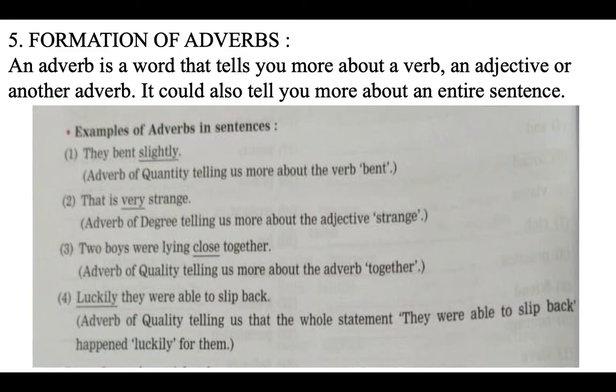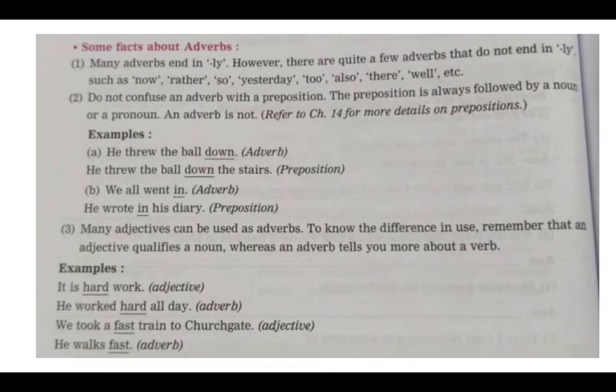Adverb of quality telling us about the whole statement, that they were able to slip back. How did they slip back? They were luckily able to slip back. So here you can see that luckily becomes the adverb because it's telling you more about the whole statement.